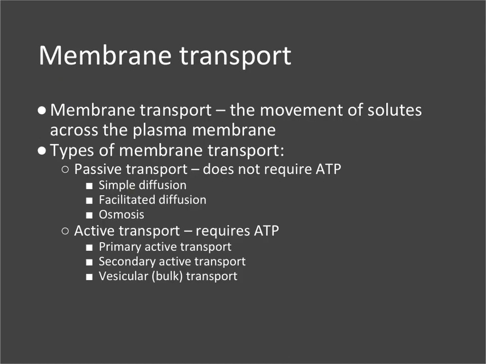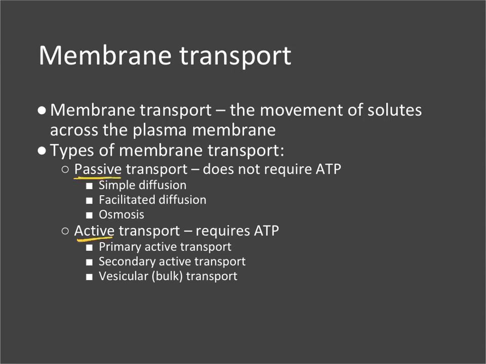These are the different types of membrane transport that we're going to be talking about individually on the following slides. These are essentially different ways that stuff can get across the cell membrane. Now, we can divide these types of transport into two main categories, passive and active.